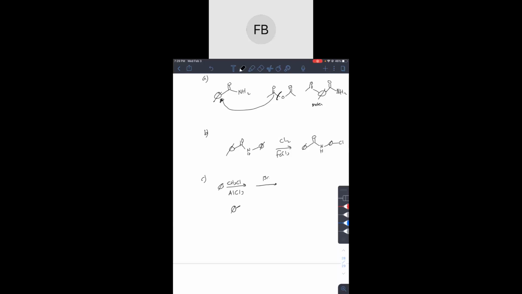Secondly, it says that there's going to be bromination. So for that, we're just going to add a bromine. Now, where do we add it? Ortho, para, meta. Well, if you look at an alkyl group, it is activating and it is ortho-para directing, as usual with activating groups.